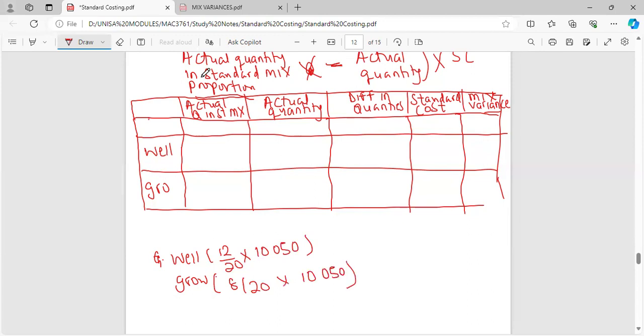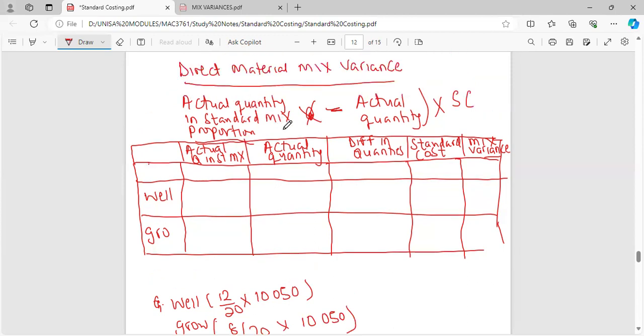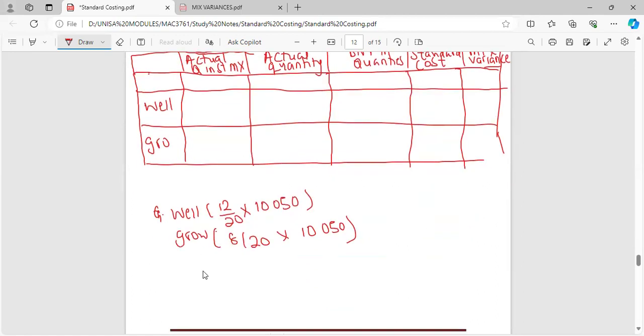So that is going to be your actual quantity in standard mix proportion. So how much are we going to have for each there?